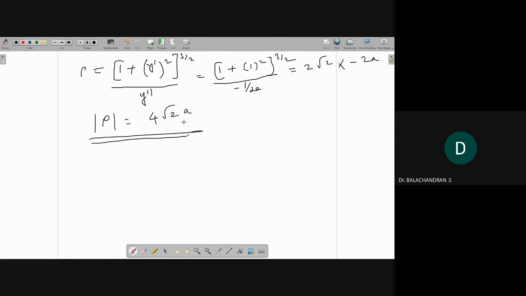So before going to the third problem, now I'm going to give you a note. Using this note only, I'm going to solve the third problem. Please write down the note.